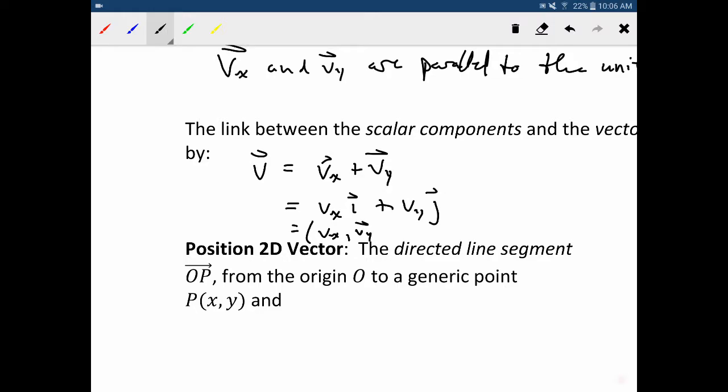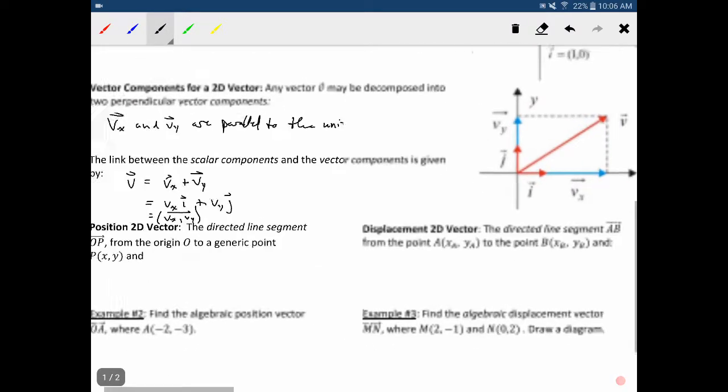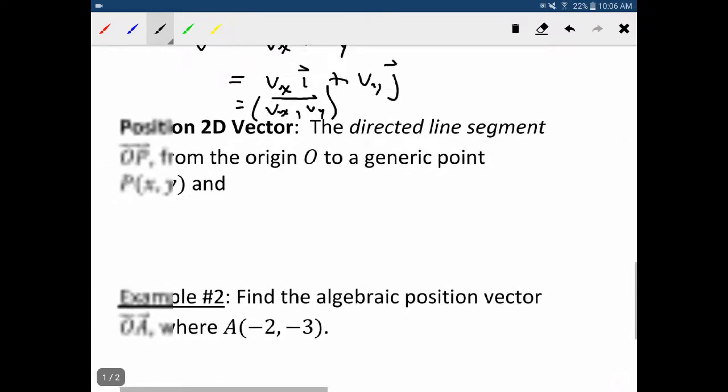That will give us that vector. We can build any of these vectors like that. All right, so that's what that's about.